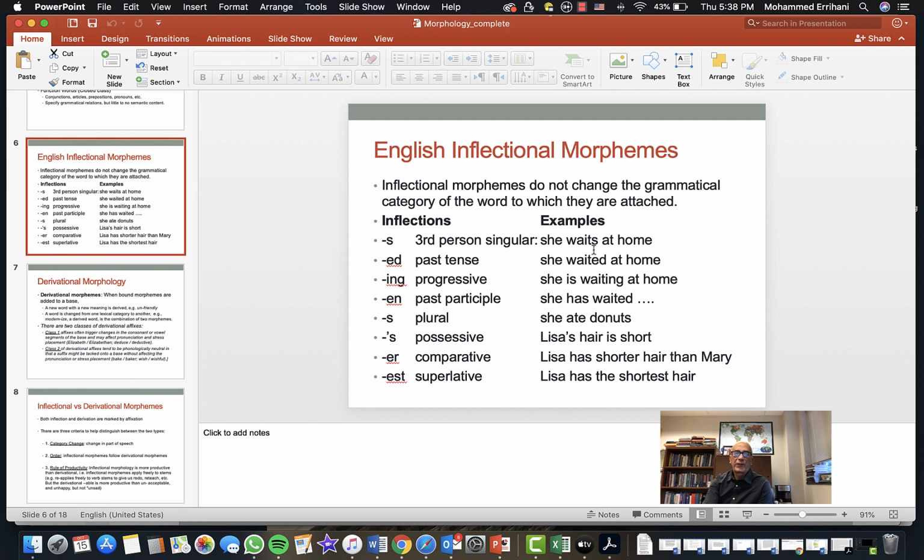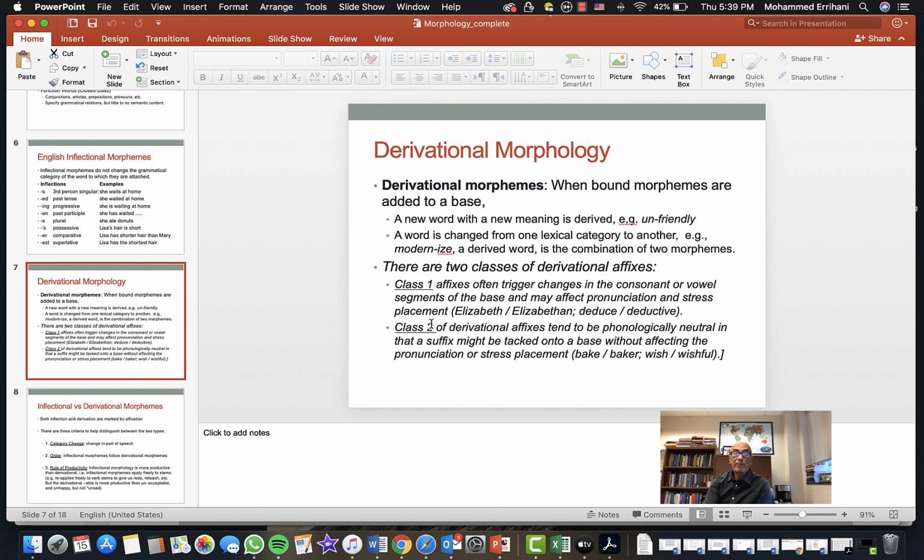So it changes just the grammatical meaning, but not the category. It does not change a verb into a noun or a verb into an adjective. That's changing the grammatical category or the part of speech, which inflectional morphemes don't do. Now, on the other hand, derivational morphemes, that's exactly what they do.